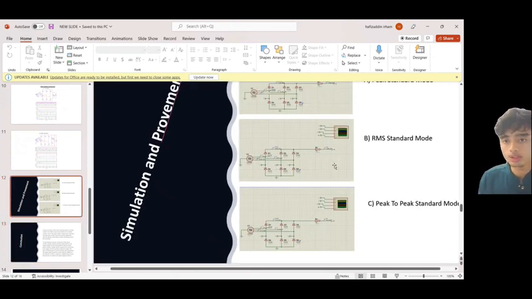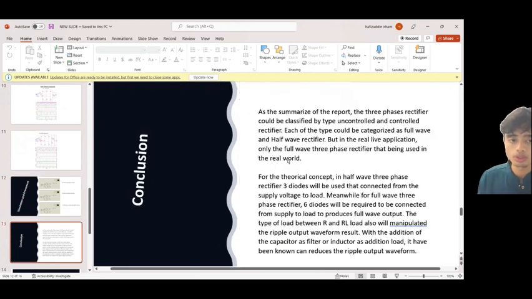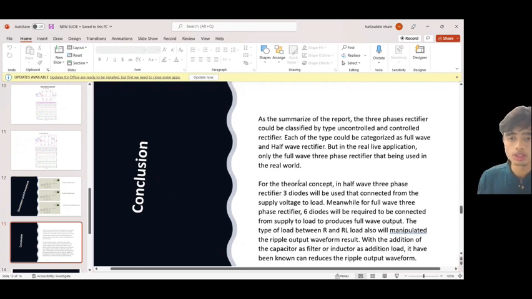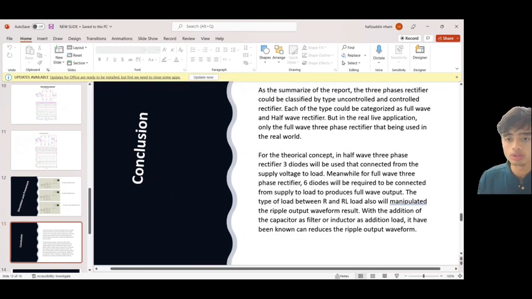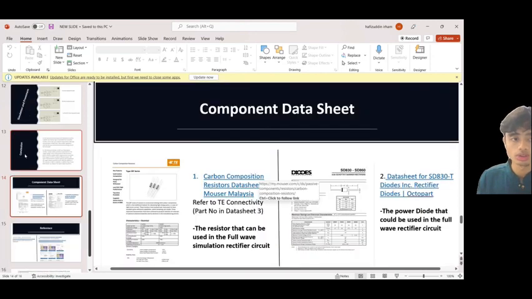Unfortunately, it is not the same as the calculated value, because maybe there are errors in the calculation or the simulation.